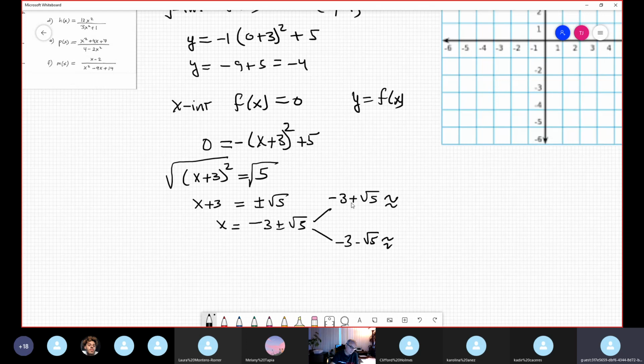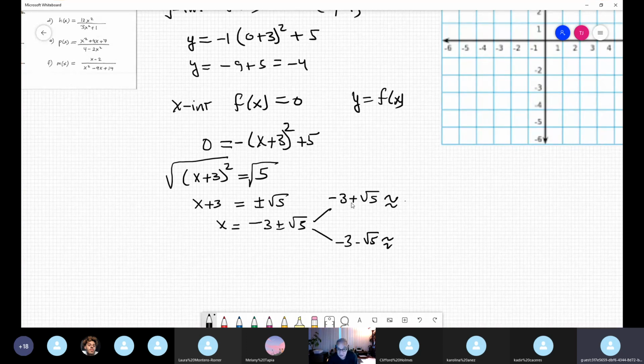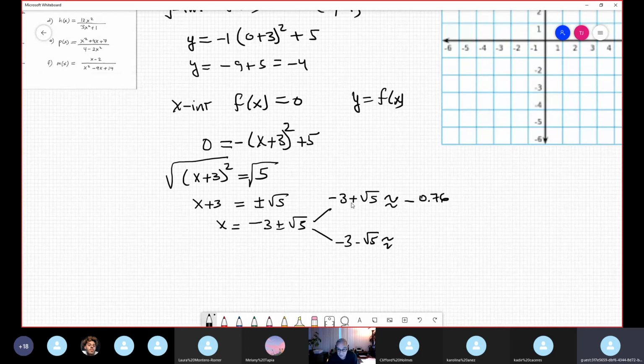The decimal approximation is negative 0.76, approximately; two decimal places is enough. Now, for subtraction, the decimal approximation is -5 point something, -5.24 approximately.